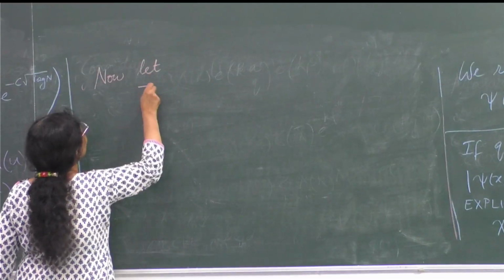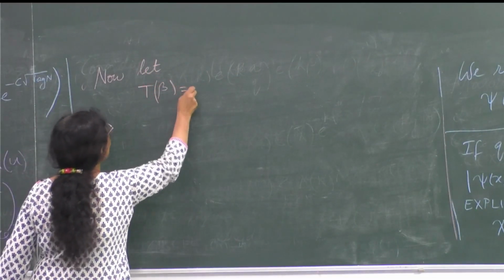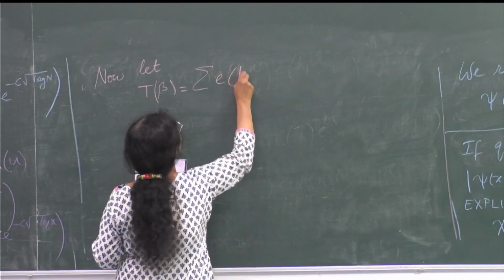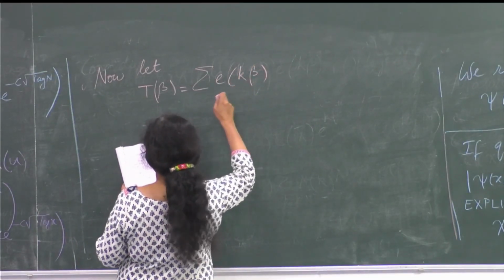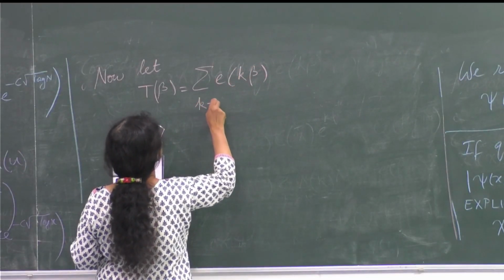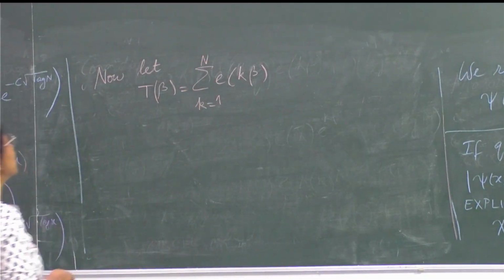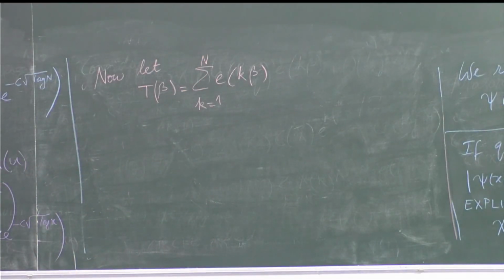We introduce notation T of beta, and this is equal to the sum of exponential k beta, for k going from 1 to n. Okay. And I want to say something about this.